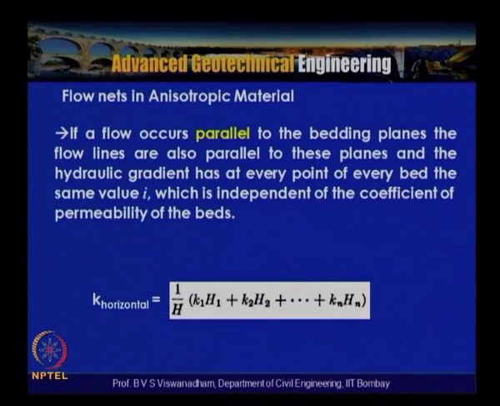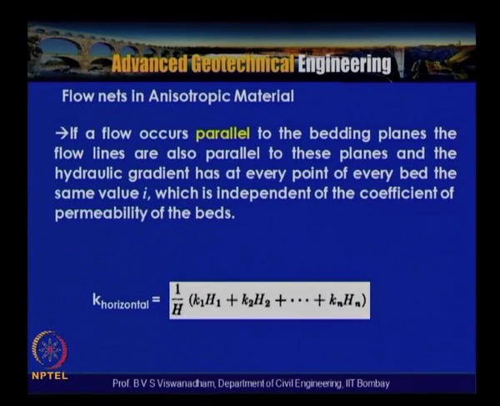For example, when we consider the two-dimensional case, that is the x and z directions, the permeability in the x and z directions is different. So if flow occurs parallel to the bedding planes, the flow lines are also parallel to these planes, and the hydraulic gradient has at every point of every bed the same value of i, which is independent of the coefficient of permeability of the beds.